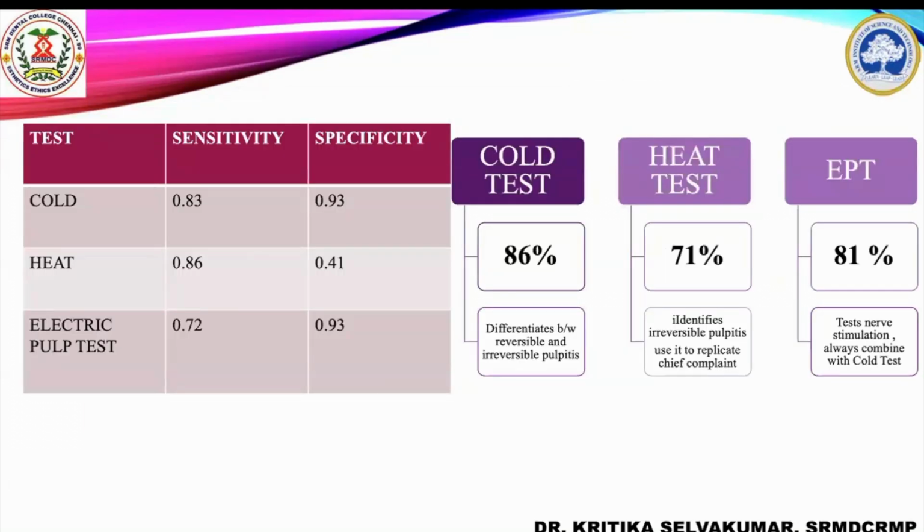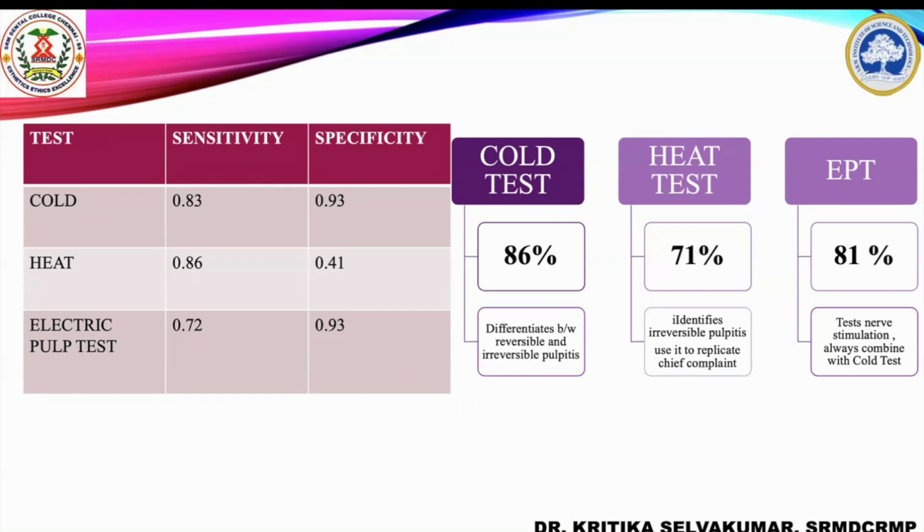So moving on to the sensitivity, specificity and accuracy of the cold, heat and EPT. Cold stands as the most accurate test amongst the three tests. So cold has a sensitivity value of 0.83 and specificity of 0.93 and an accuracy of 86%, where it differentiates between reversible and irreversible pulpitis.